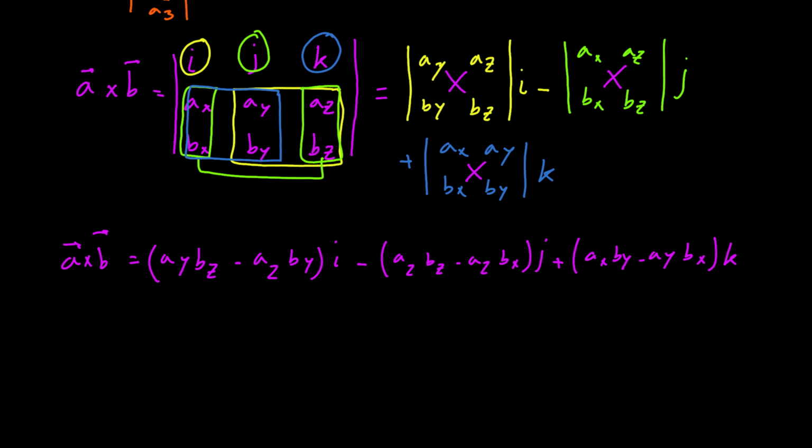So if I do this, I'll have a vector, let's say call it C, and that's how I get it.